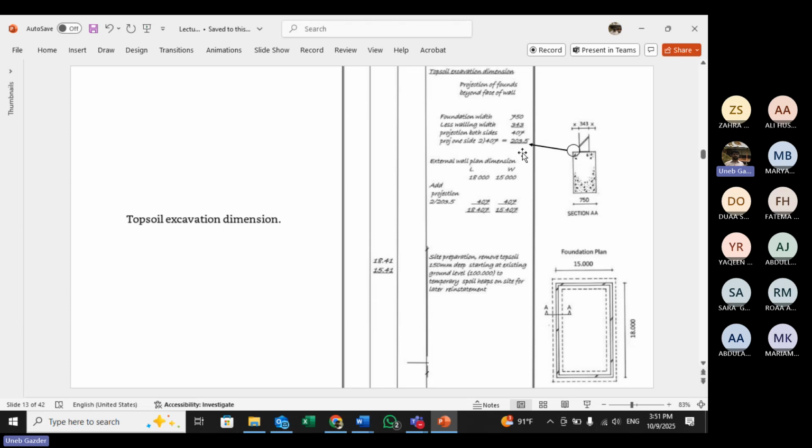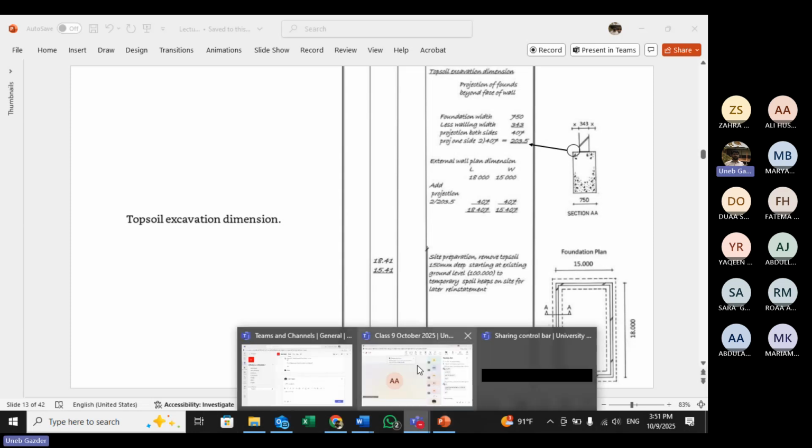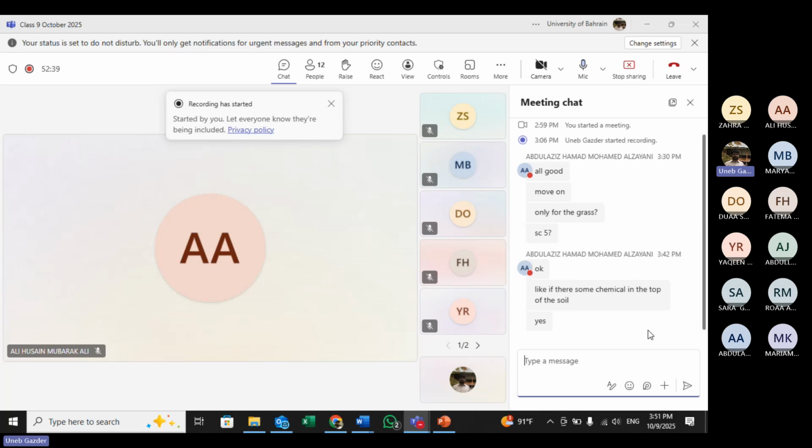This projection is added to the external length of each side, two times here, two times here. One dimension, second dimension. You multiply, you get the area, and this is multiplied by the depth mentioned here to get the volume. Is there any question, any problem here?